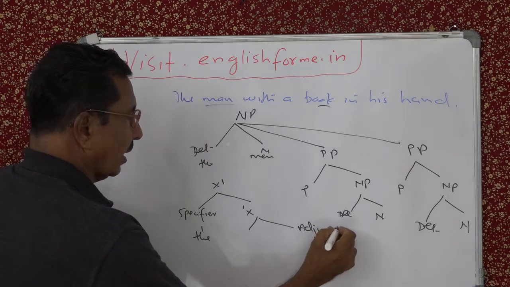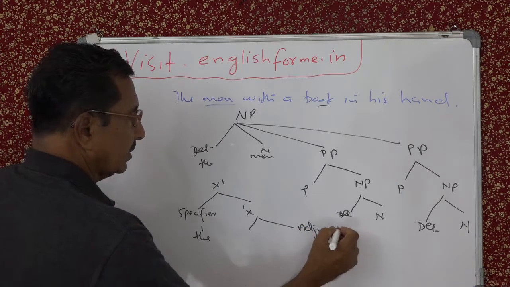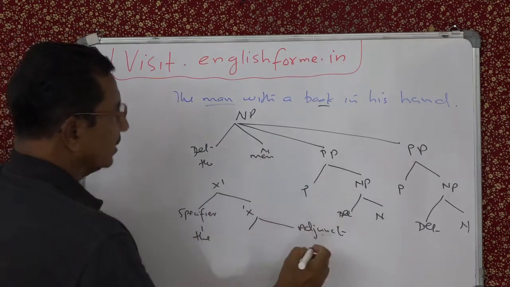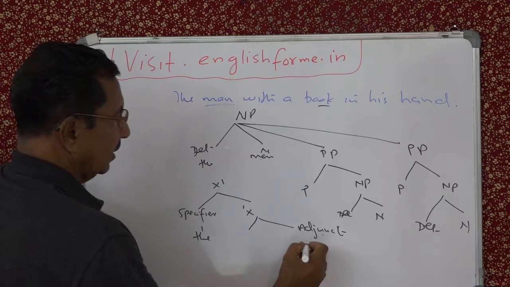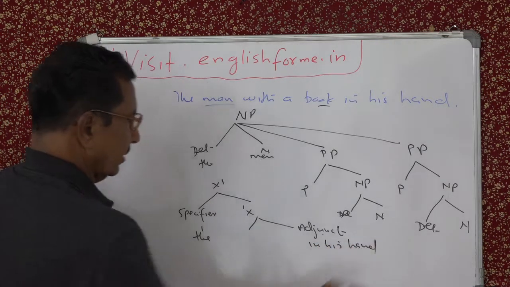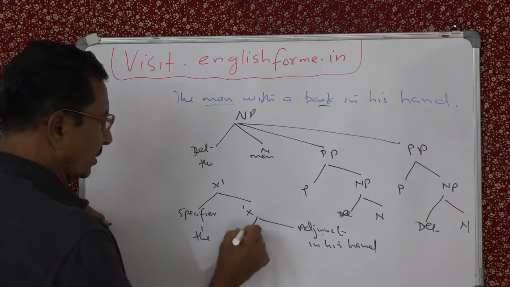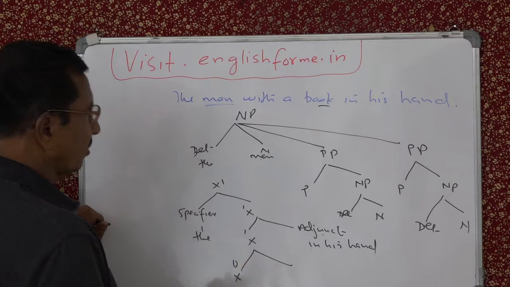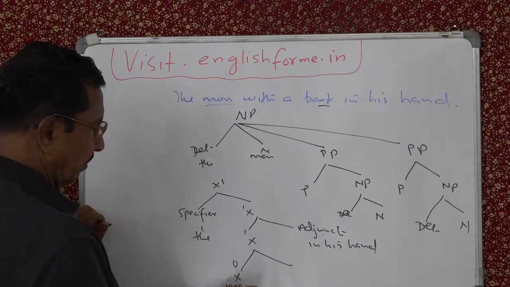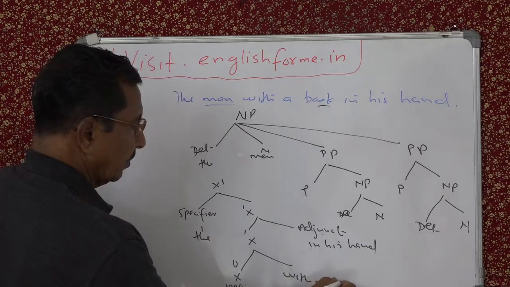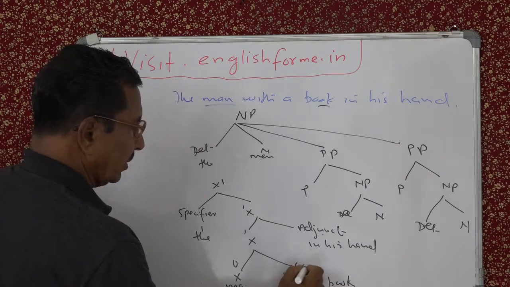Adjunct is "in his hand." That is adjunct. And again one more projection, that is X0, man, with the book, and that is complement.